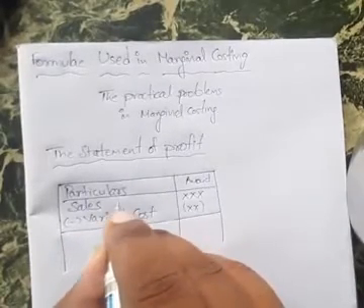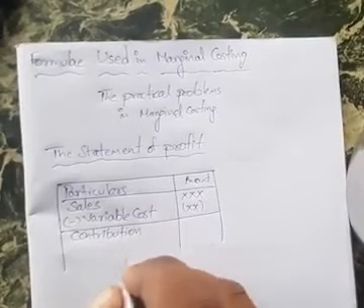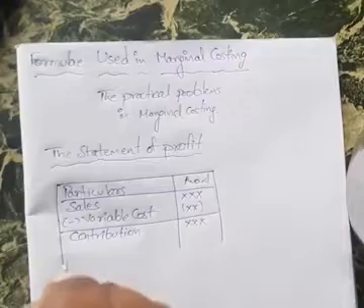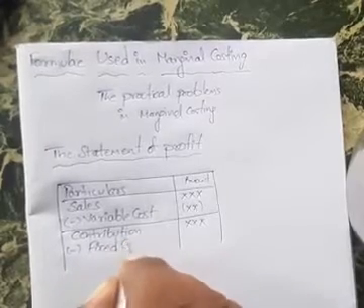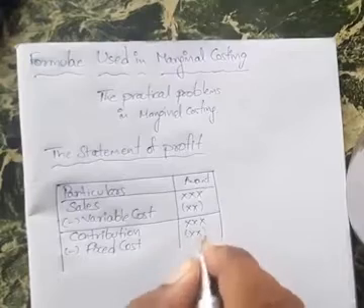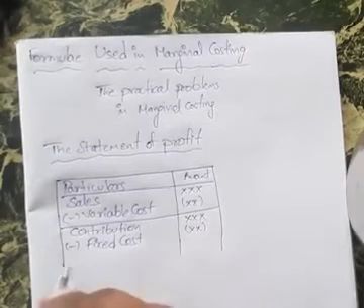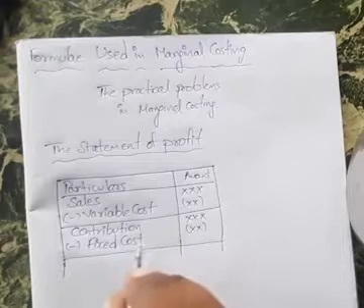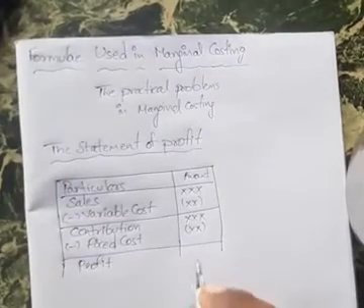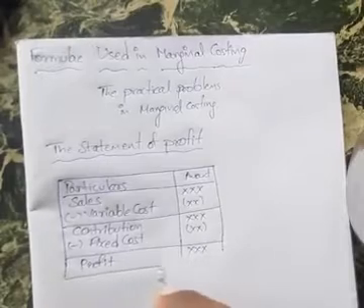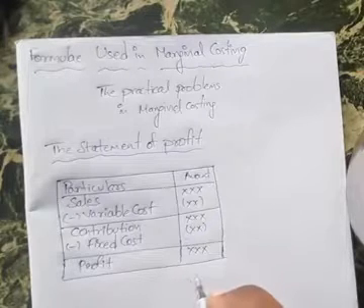After deducting the variable cost from sales, we get contribution. From this contribution, we have to deduct fixed cost. By deducting fixed cost from the contribution, we arrive at profit. This is known as the statement of profit.